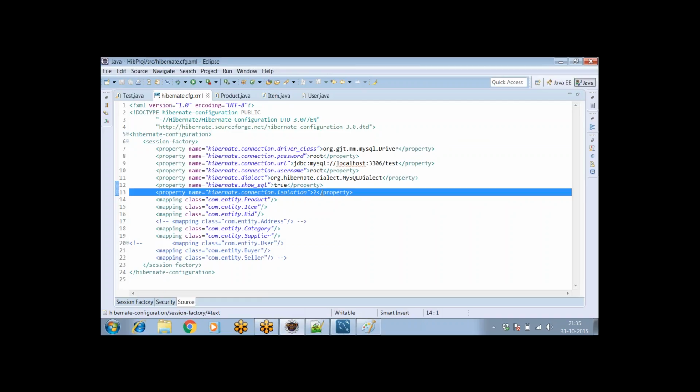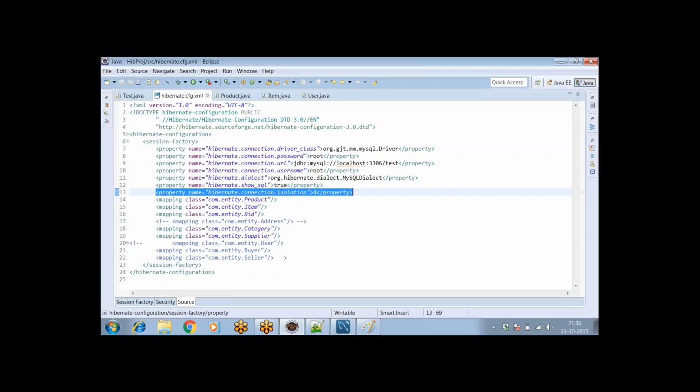Next, to set the isolation level to repeatable read, you use this value 4.